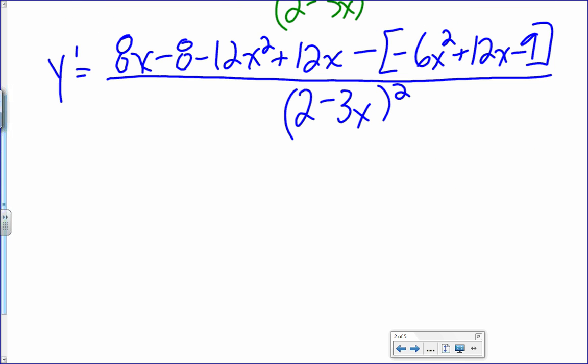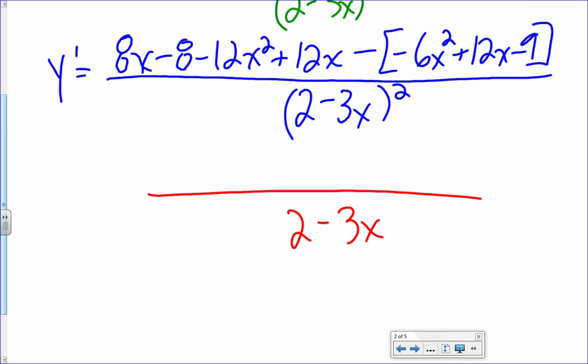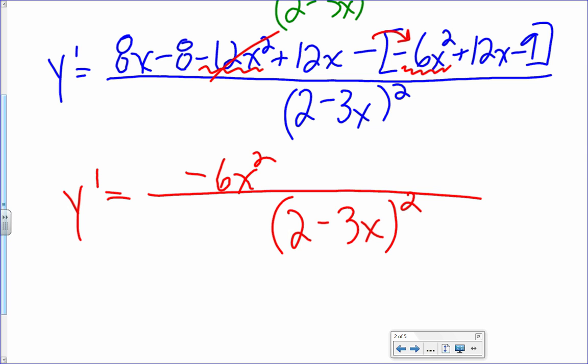Okay, what do we got here? So we're going to leave our bottom as it is. We got a negative 12x squared, and really this turns into a positive, right? 6x squared if I distribute the negative in there. So we've got positive 6x squared and negative 12x squared, which ends up with a result of negative 6x squared. So those are done. We got a 12x and an 8x.